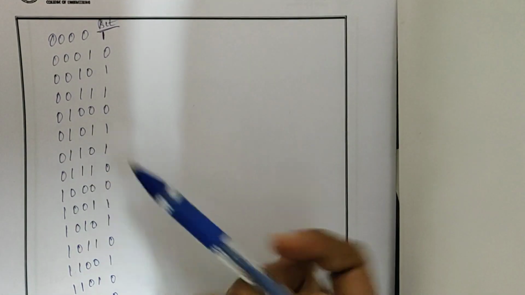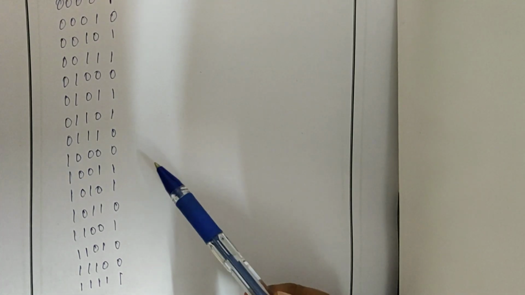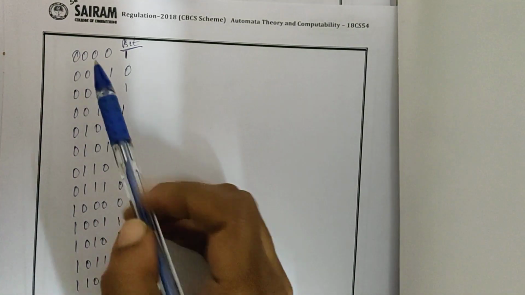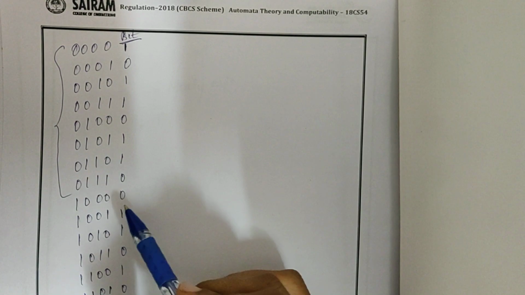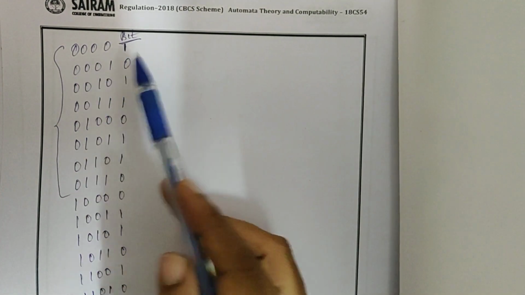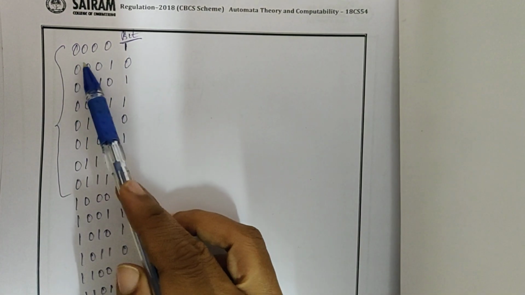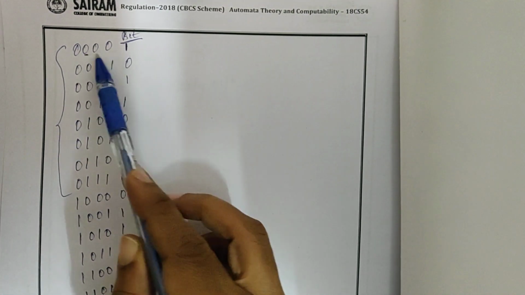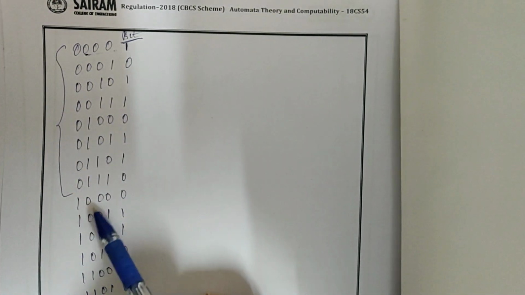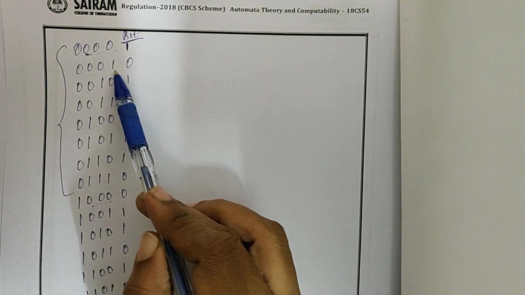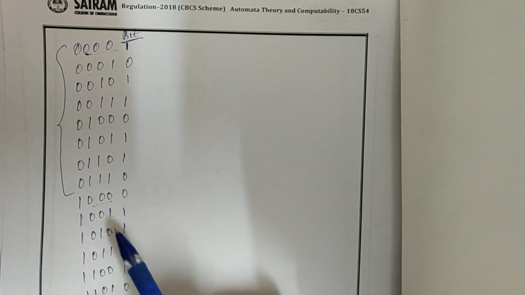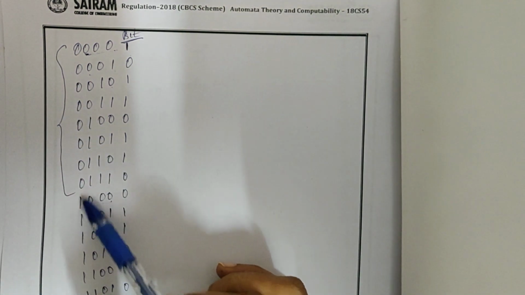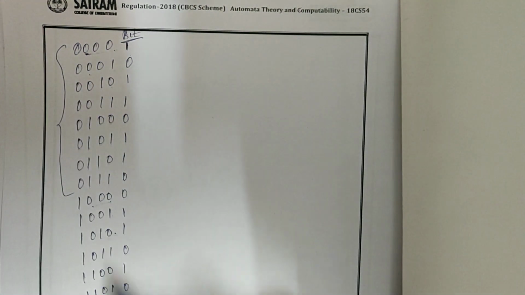So if you carefully go through these possibilities, you can check the first 8 combinations are one part. You can check here, these 3 bits 0 0 0 are the same. Here again 0 0 0, 0 0 1, 0 1 0, only the first bit changes.